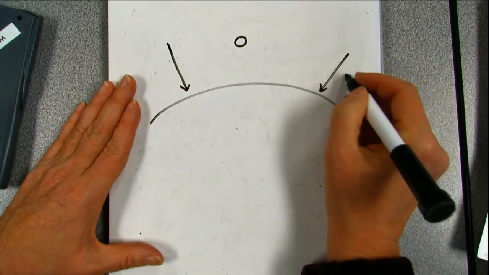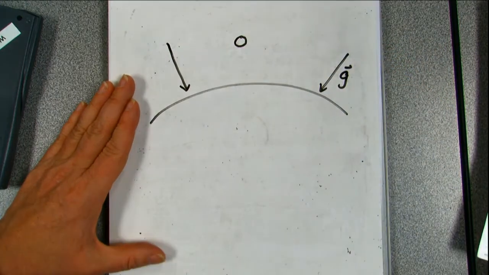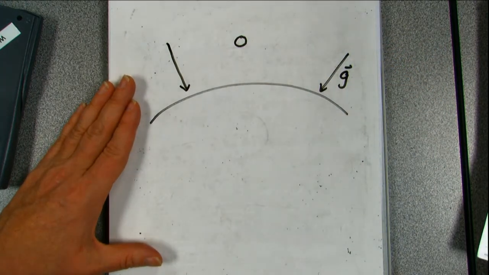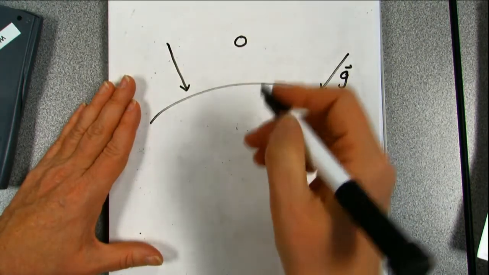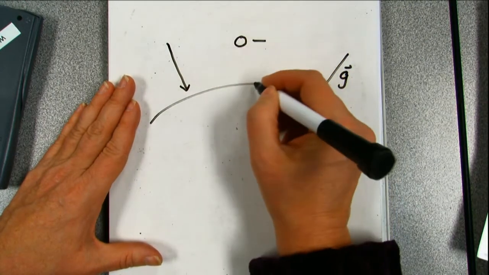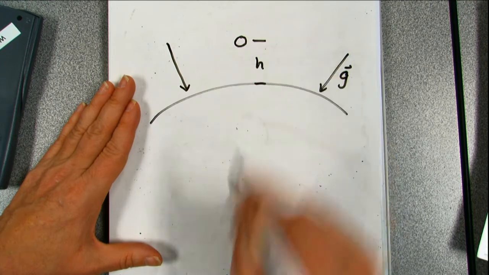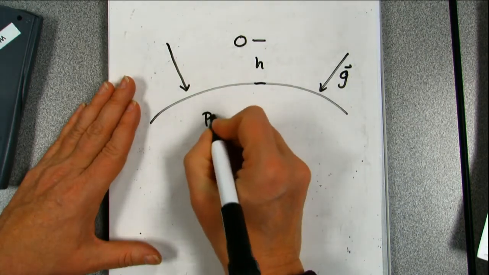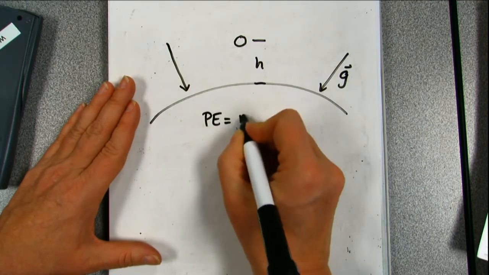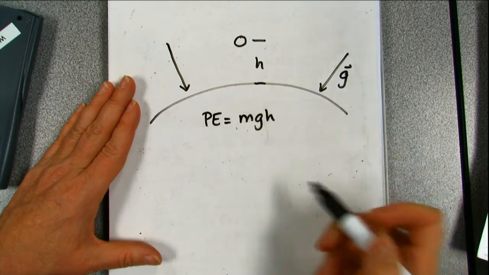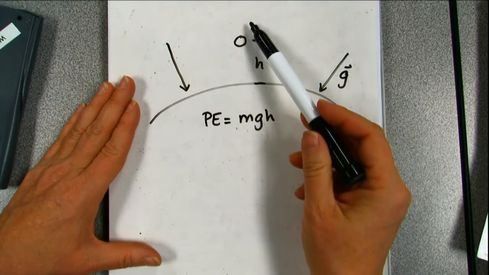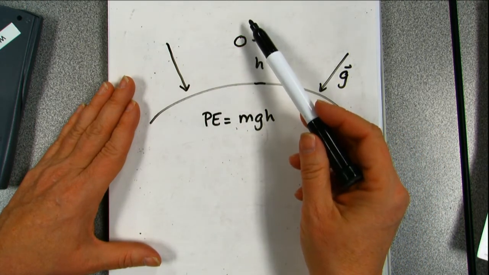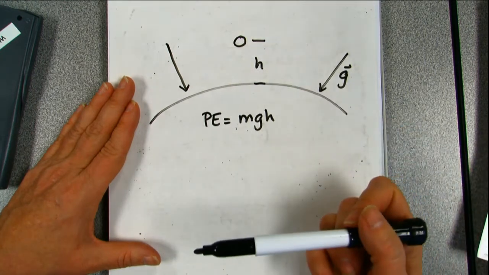So we have an acceleration due to gravity, a force that's pulling that ball to the center. We had this force that was dependent upon the position away from the surface of the earth, and that we call potential energy. That was mgh. And the further h was away from the earth, the more potential energy it had.